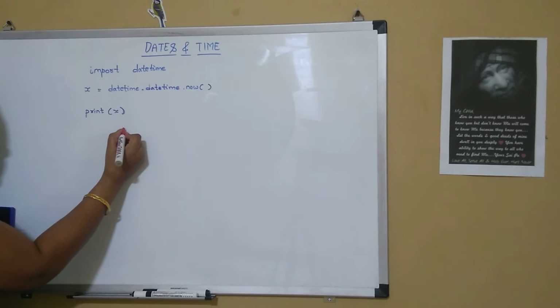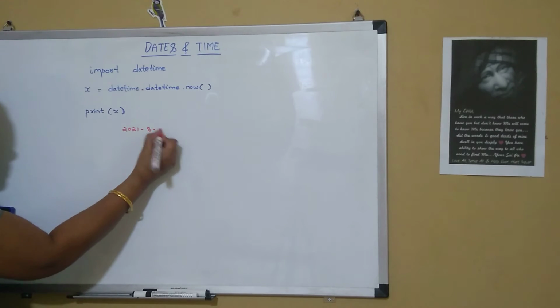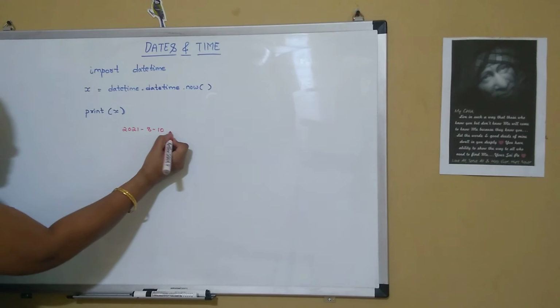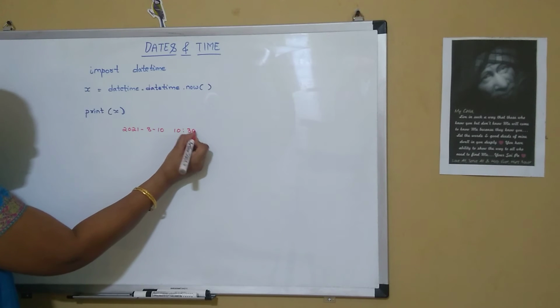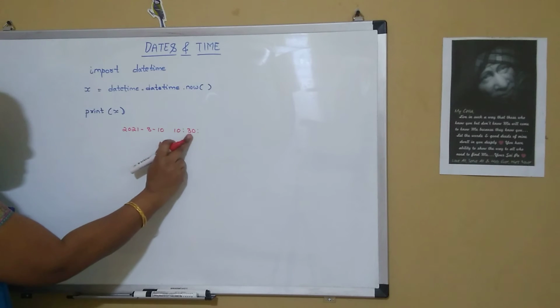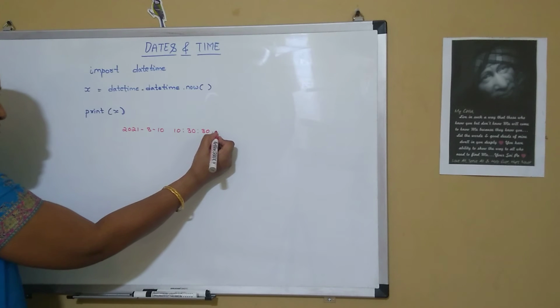The date is 2021-8-10, then a space, and then 10:30:30 and microseconds. 10 is the hours, 30 is the minutes, 30 is the seconds, and then microseconds.